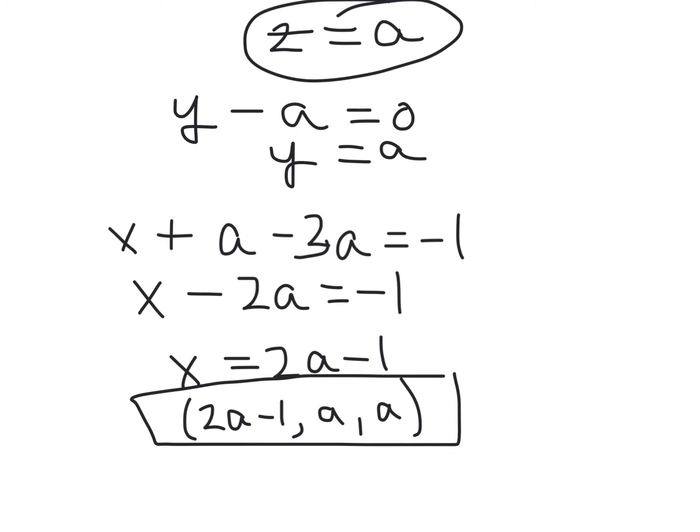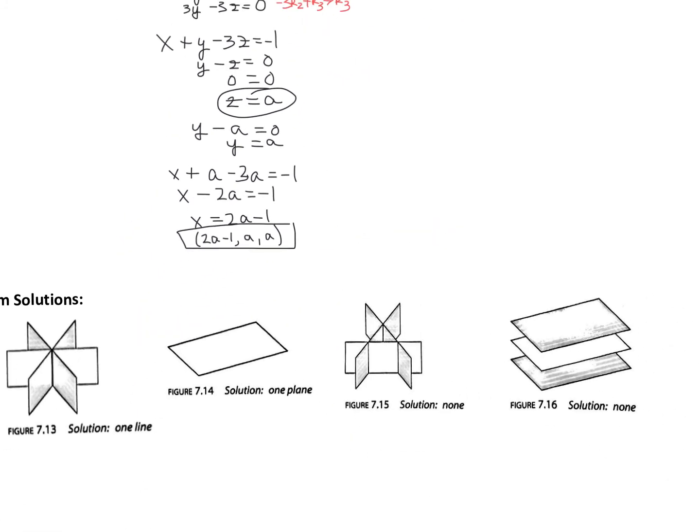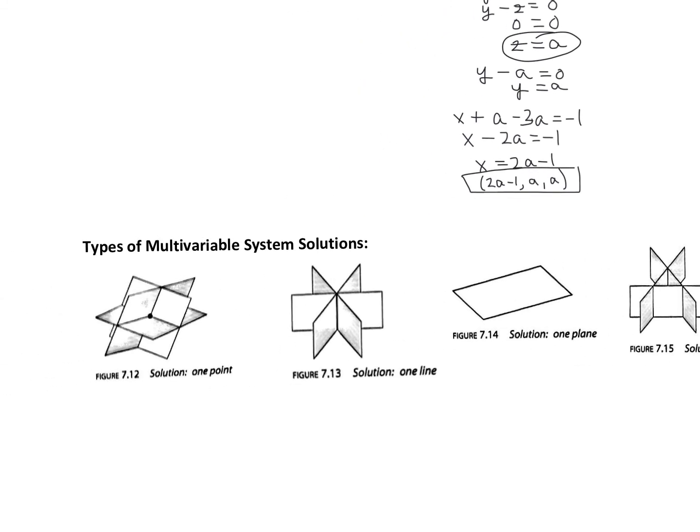Now, not all infinite solutions will be lines, but those type details and the different type intersections that we could have for planes is noted here. The type of solution that we just had was like this, where the three planes are intersecting at a line. You can have that specific case where it intersects at one point.